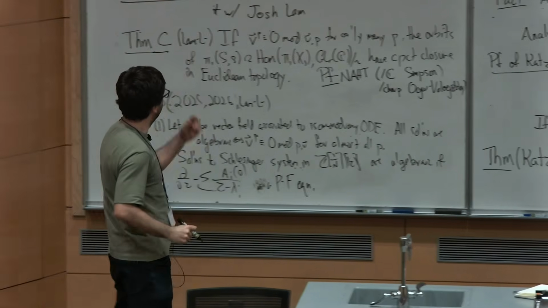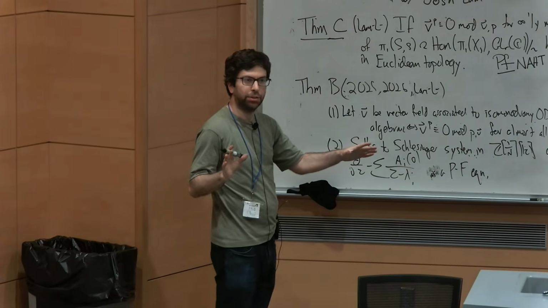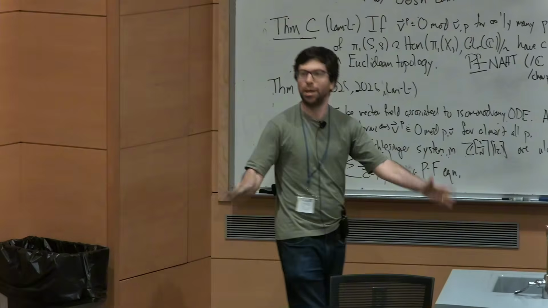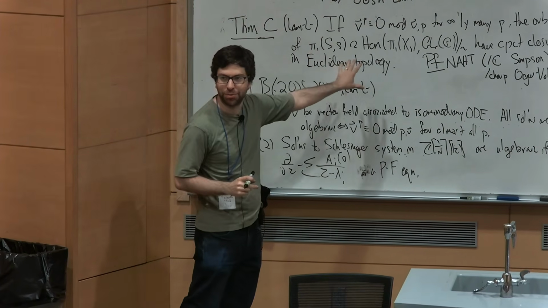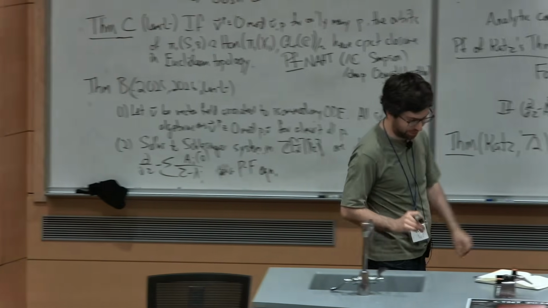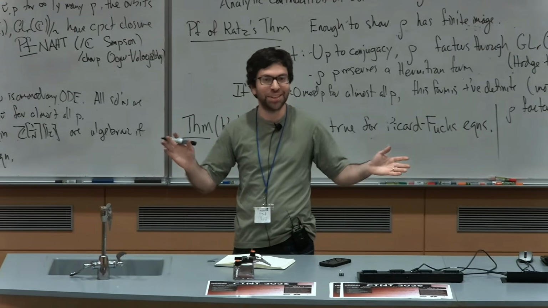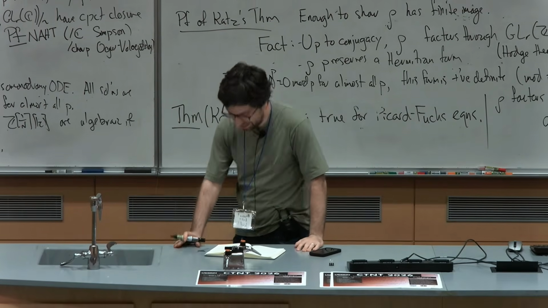So if you are hoping to go to number theory because you don't want to learn any analysis, I have bad news for you. I had to learn a huge amount about the theory of harmonic maps to prove this theorem. It's good to learn analysis is all I'm trying to say.